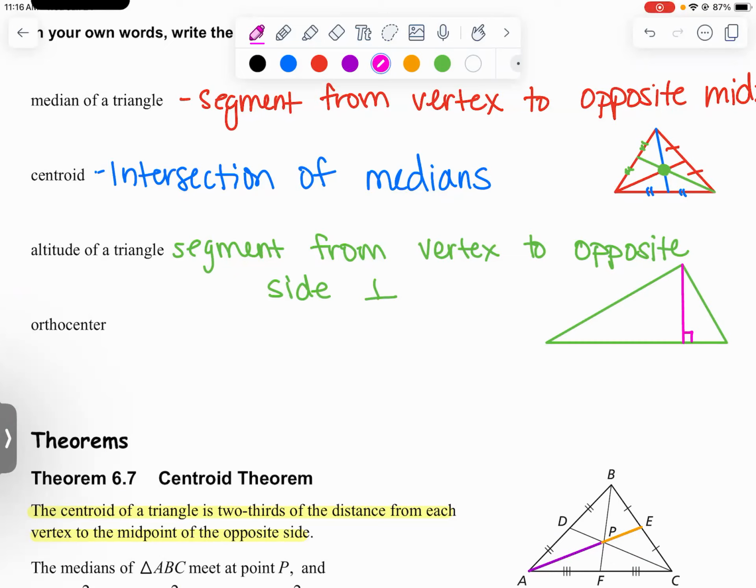Anyone want to guess what the orthocenter is? Is it the center of all of the altitudes? Yep, it's the intersection of our altitudes.